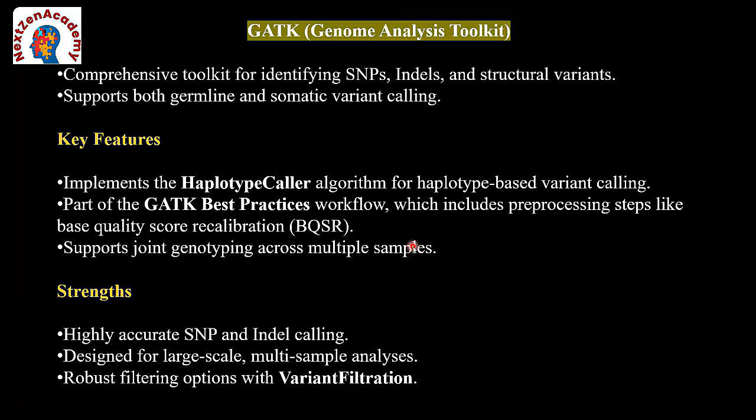GATK is called the Genome Analysis Toolkit, which is a very comprehensive toolkit having inbuilt command pipelines for variants. It supports both germline and somatic calling. The tool used to identify the variants is called HaplotypeCaller.